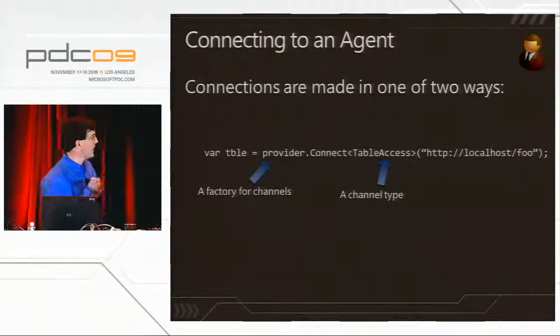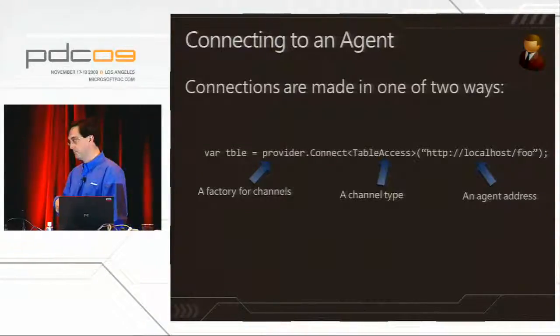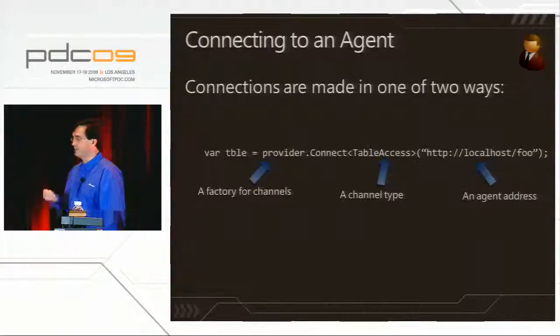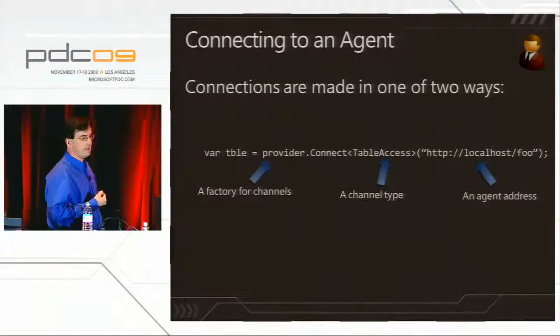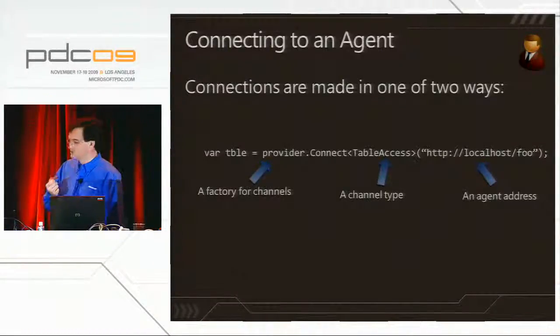I have a channel type that I supply to it, and I have an address. Addresses don't have to be strings, but for all practical purposes, strings are great for addresses. And in this case, it would be a remote connection that I'm making because it says HTTP, and I don't want to use HTTP locally.